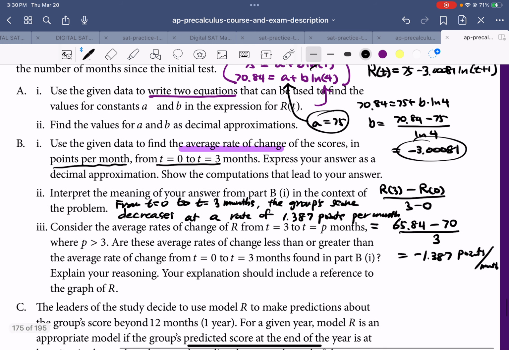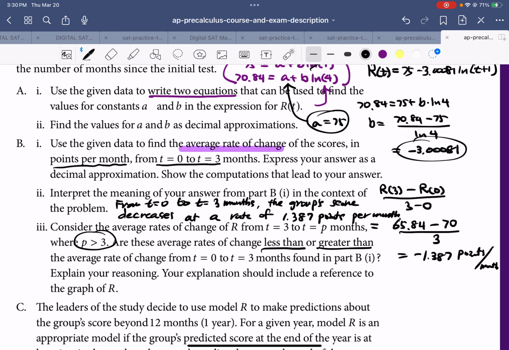Now, third one: consider the average rate of change of R from 3 to P, where P is greater than 3. Is this average rate of change less than or greater than the average rate of change from 0 to 3 months found in part B1?